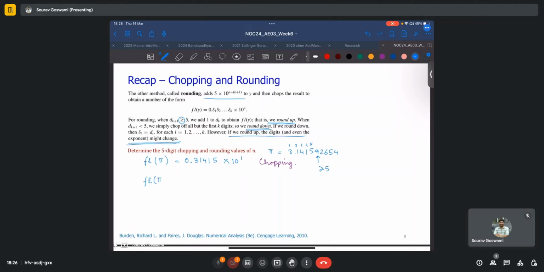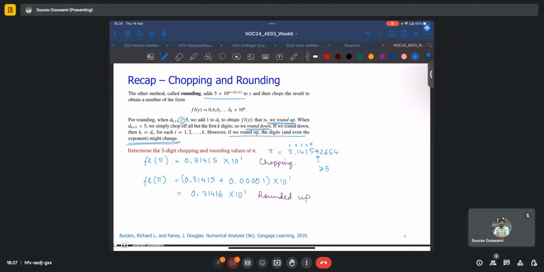So in this case, the floating value representation of pi would be 0.31415 plus, to break it down, 0.00001, because I'm rounding or chopping till the fifth digit, times 10 to the power 1. It will simply be 0.31416 times 10 to the power 1. This is the rounded up value of pi.